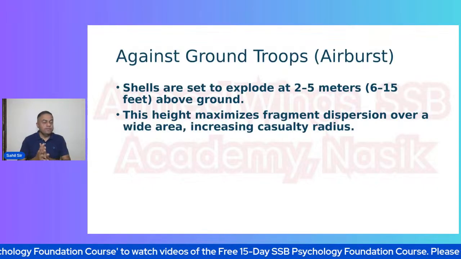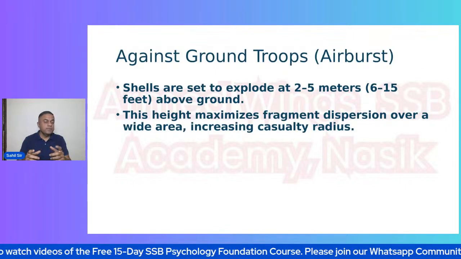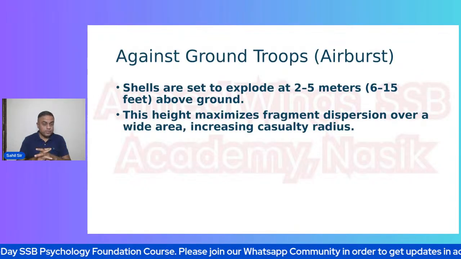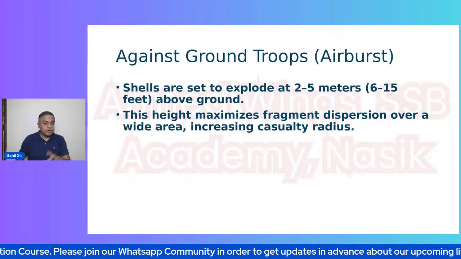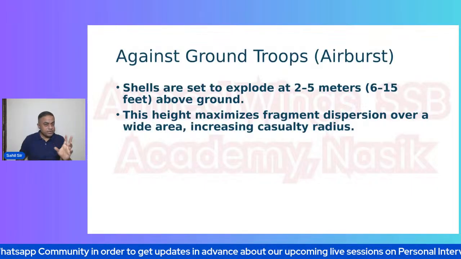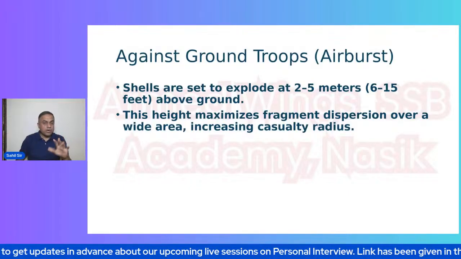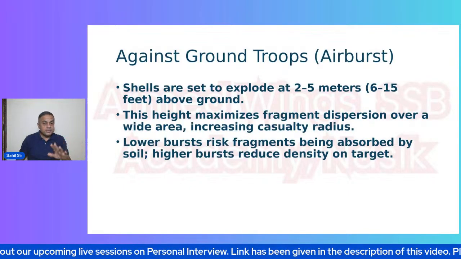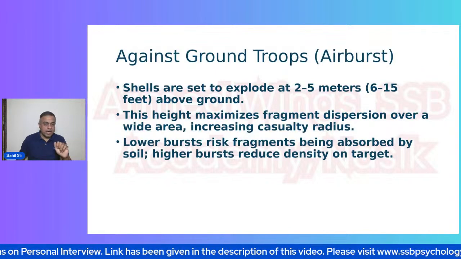If you have seen the movie Lakshya, in one of the scenes, if you remember, this kind of fragmentation warhead explodes above the Indian troops, and the fragments penetrate the bodies of many soldiers. So this is what we are referring to here. Against ground troops, it explodes at around 2 to 5 meters above ground, and that's why the fragments spread over a wide area, causing maximum damage to the personnel on the ground. Lower bursts risk fragments being absorbed by soil. Higher bursts reduce density on target.